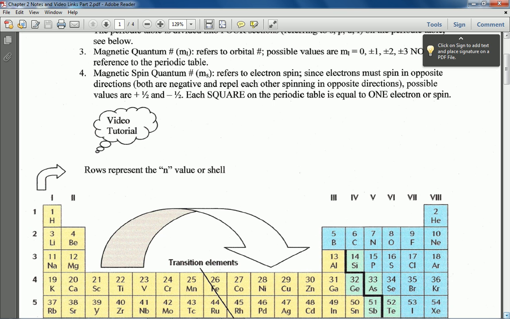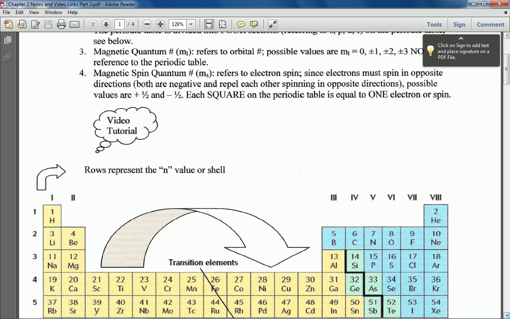But the m sub l values that can be present for quantum number m sub l are 0, plus or minus 1, plus or minus 2, or plus or minus 3. So we can actually have up to 7 different values for m sub l. There is no reference to the periodic table here, and we will discuss what orbital values mean in a different part of the lecture tutorial.